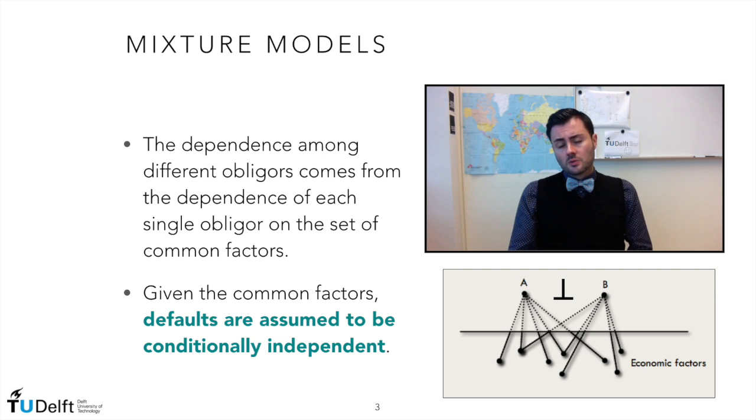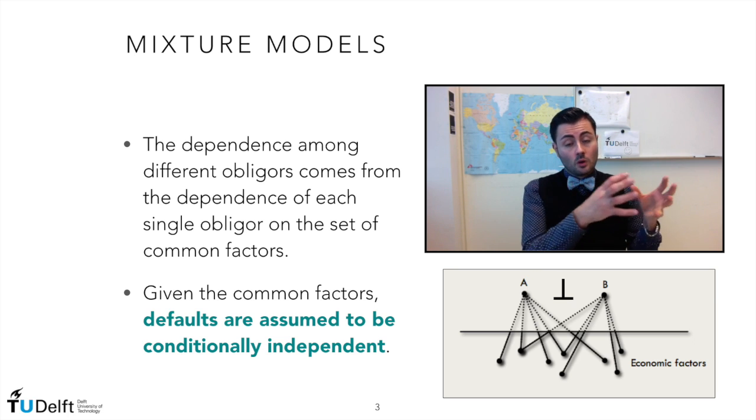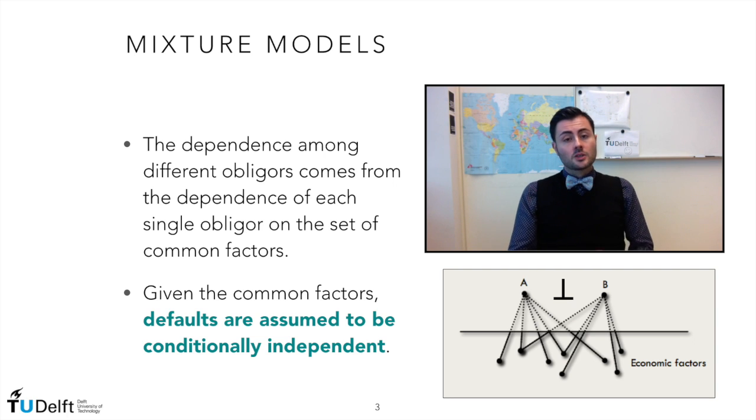Now, what is the interest in mixture models? If you remember what we have said so far about the multivariate extension of CreditMetrics, also in that case we had some common factors. And this is the link to tell you something about the relationship between mixture models and threshold models.